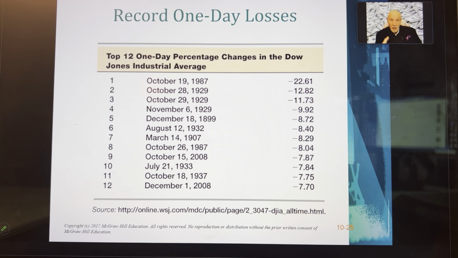And all you kept reading about was, is this the beginning of the next Great Depression? And people were literally withdrawing money from banks under the fear that the banks were going to fold the way they did during the Depression. Right? So the rest of the time, you can see, is somewhat related to the mortgage crisis, right?